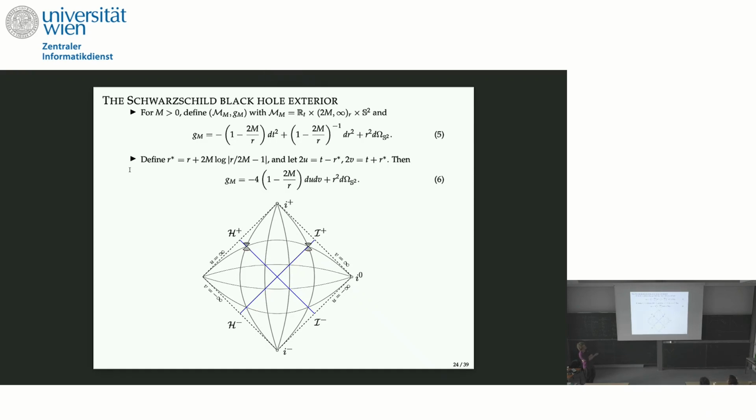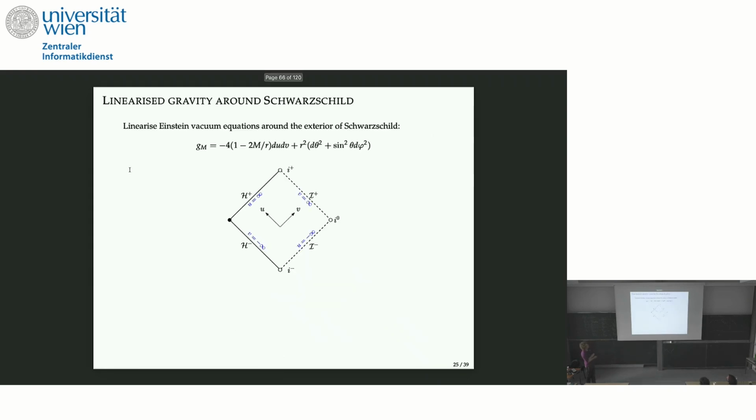We only work in this quadrant of the Penrose diagram, away from the event horizons. We just want to capture the fact that there is mass near spacelike infinity. So what we'll do is linearize the Einstein vacuum equations around the exterior of Schwarzschild, but in a double null gauge, not in harmonic gauge.